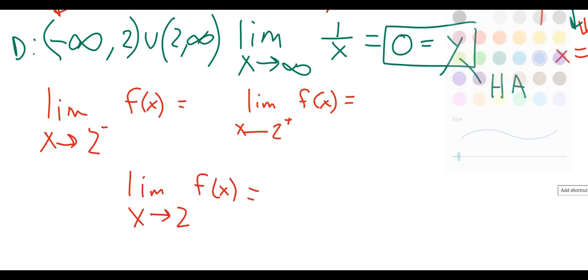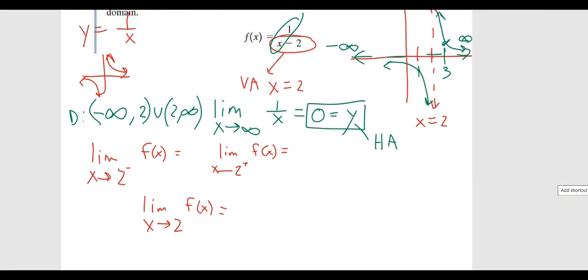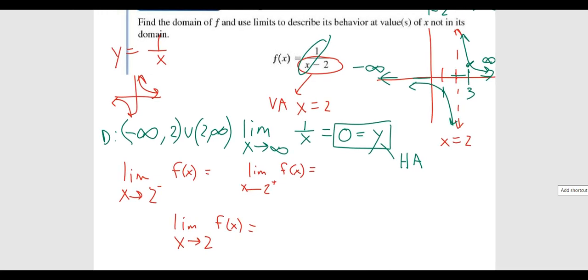So what do you think? As you approach 2 from the left, you've got to look at your picture. If you don't look at your picture, you won't know. As you're going to 2 from the left, what's happening? Ooh, negative infinity, yep.